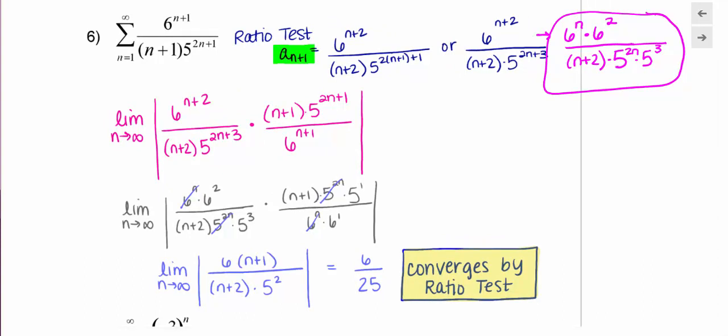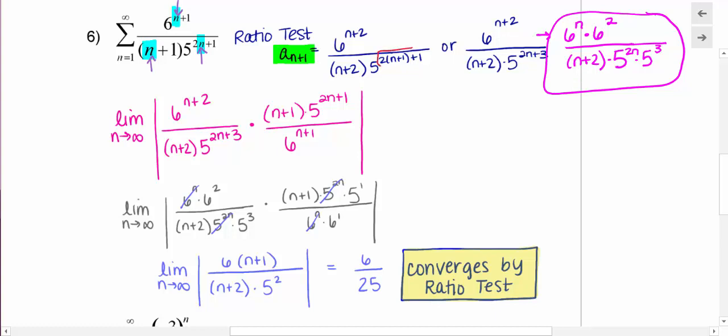Now, one thing about this that people usually miss is that when you substitute in n plus 1 instead of n, you now have 3 places in which to do that: in my numerator, my denominator, and in my exponent of that 5 in my denominator. And so you've got to be extremely careful with that 2n plus 1.